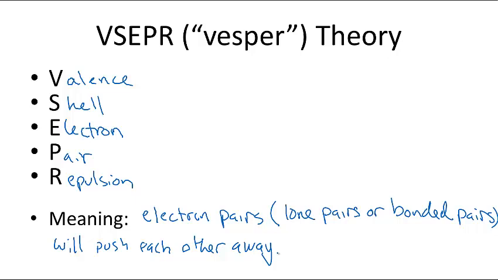So if we can figure out how many lone pairs and bonded pairs there are in a molecule, we know that they will push each other apart.